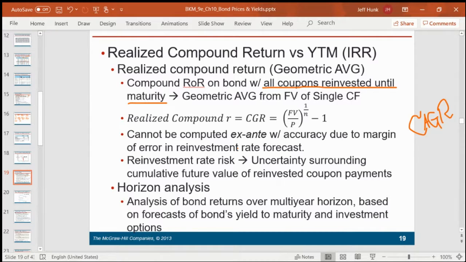And usually, when you invest in something, you buy it through your broker, so you have a brokerage account, and usually the unwritten rule is if you don't specify anything about the bond interest, it gets reinvested in the bond.